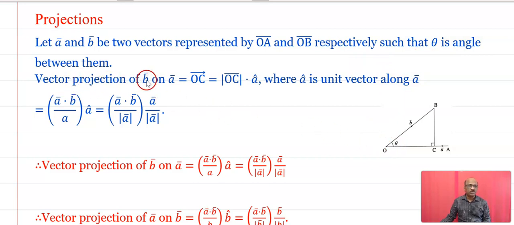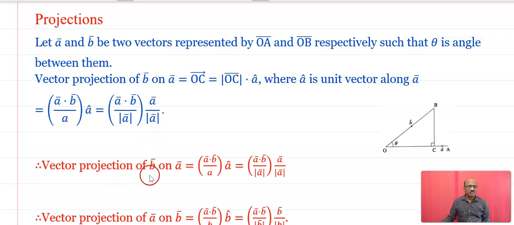Vector projection of b bar on a bar is equal to OC bar, and that's equal to mod of OC bar dot a cap, where a cap is a unit vector along a bar, and that's equal to (a bar dot b bar upon a) into a cap, and that is nothing but a bar dot b bar upon mod of a bar, its magnitude. And what about this unit vector? That is a vector upon its magnitude, that is a bar upon mod of a bar.